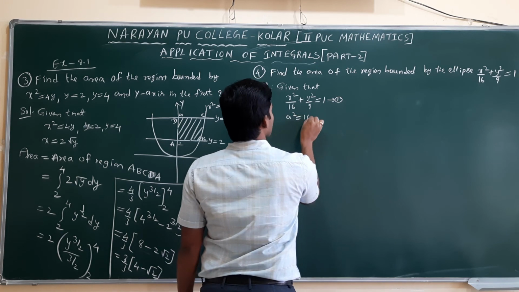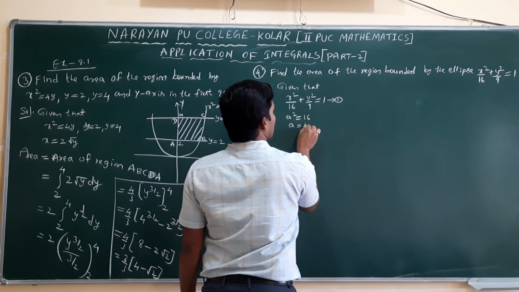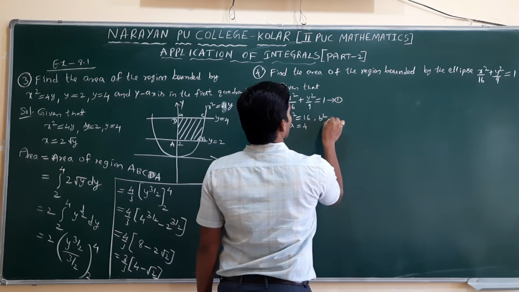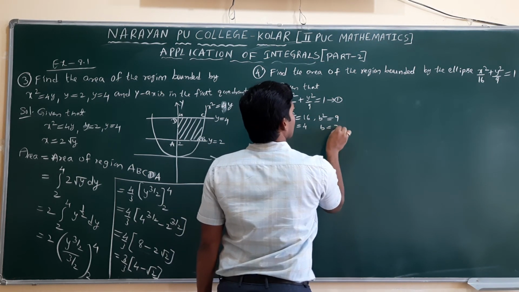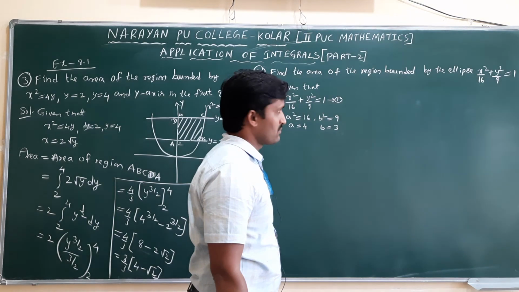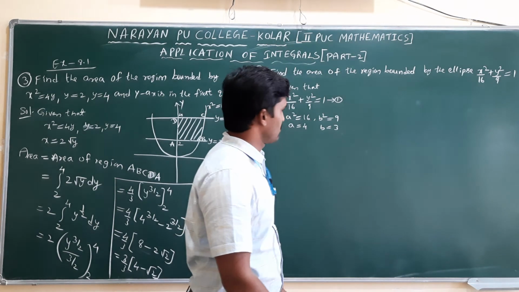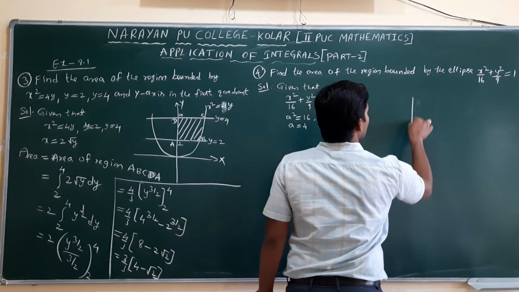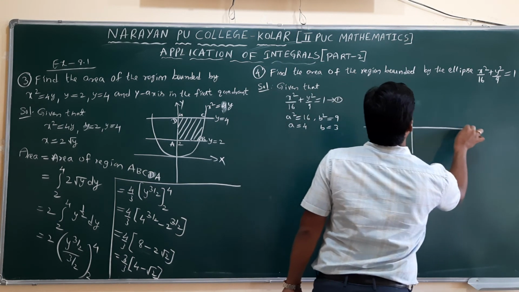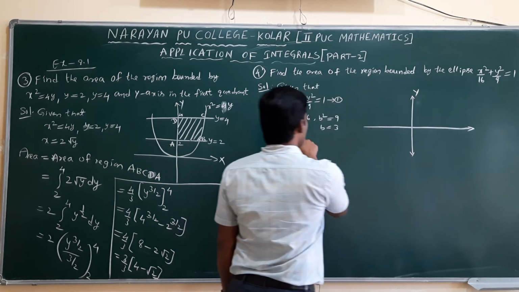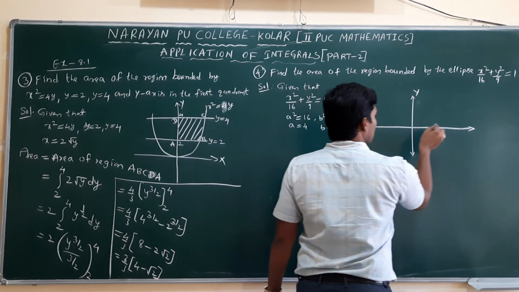A square is equal to 16, a is equal to, we'll take 4. One value is enough. Next, b square equal to 9, b equal to 3. Here it is not restricted, we need to find the complete area of the ellipse. Clearly a is greater than b, standard form only.